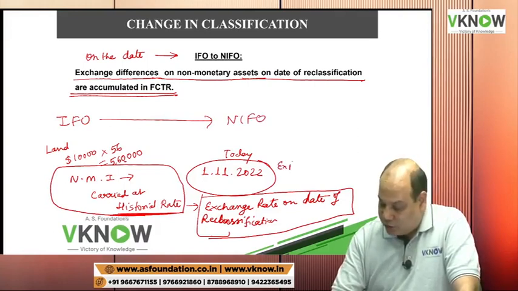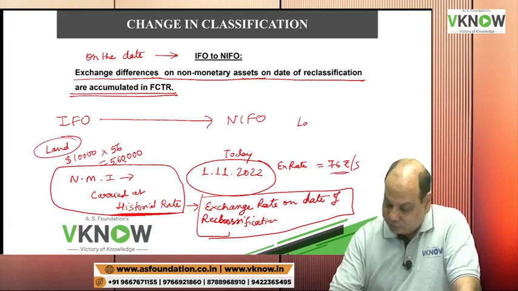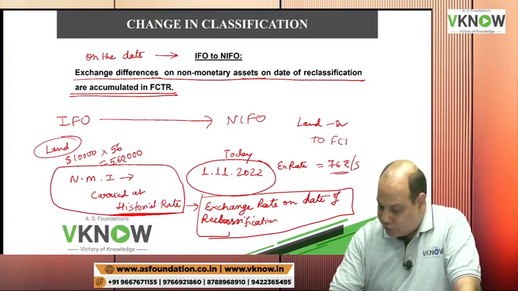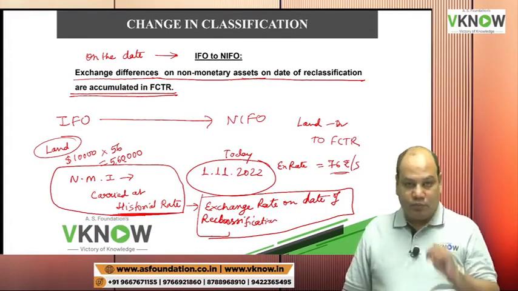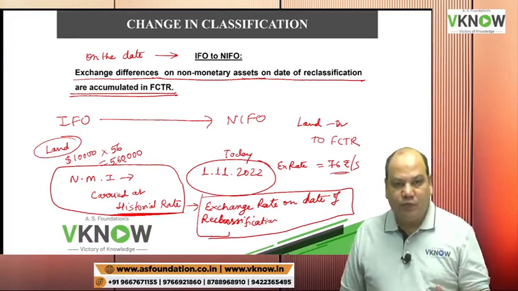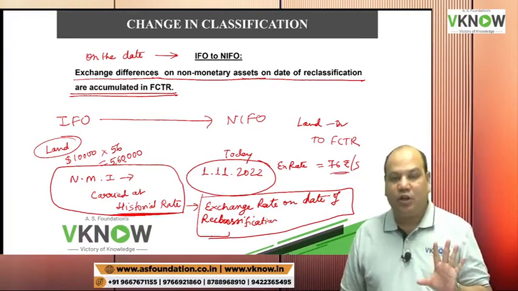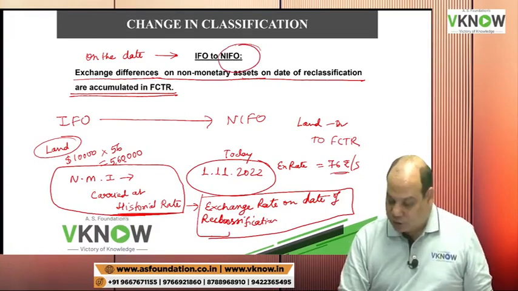Today the exchange rate is 76 rupees per dollar. So I will have to revalue this land. Land account debit. The standard says when you revalue such non-monetary items, you transfer the difference to FCTR because now it is a non-integral foreign operation.